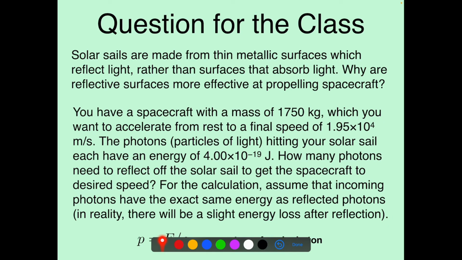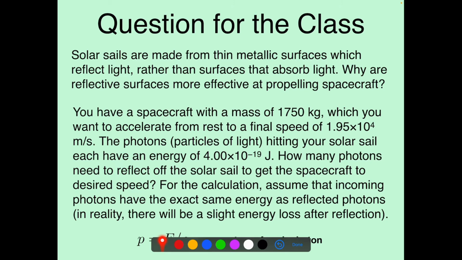How many photons would need to reflect off the solar sail in order to get the spacecraft to that final speed? So when you do this calculation, assume that the incoming photons that hit the sail have the same exact energy as the reflected photons that bounce back.